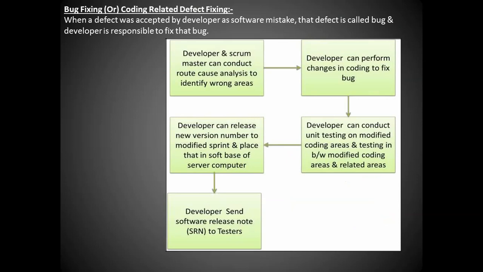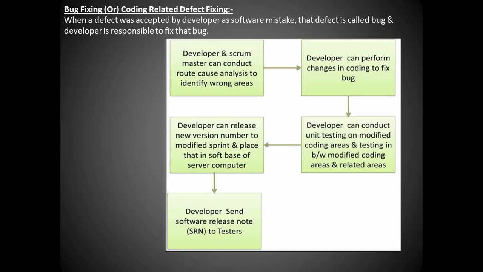When a defect is accepted by the developer as a software mistake, that defect is called a bug, and the developer is responsible to fix that bug. Developers and the Scrum Master can conduct root cause analysis to identify the wrong areas. Developers can make changes in the coding to fix that bug.